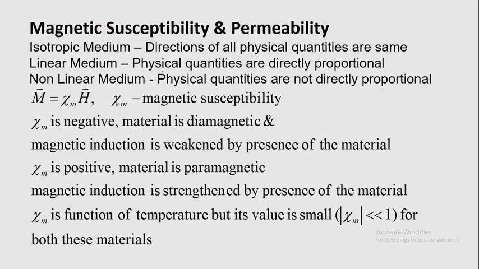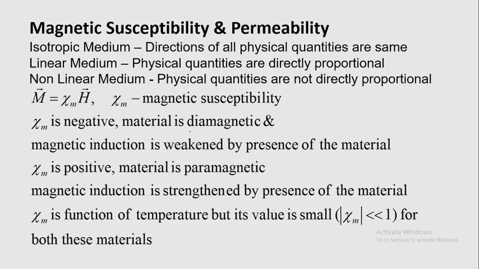Now, this equation we have already stated earlier: the relation between magnetic intensity, magnetic induction and magnetization of the material. Now, if you substitute B equal to mu H and M equal to chi H, then H will cancel, and if you simplify, you will get mu equal to mu naught (1 plus chi M).